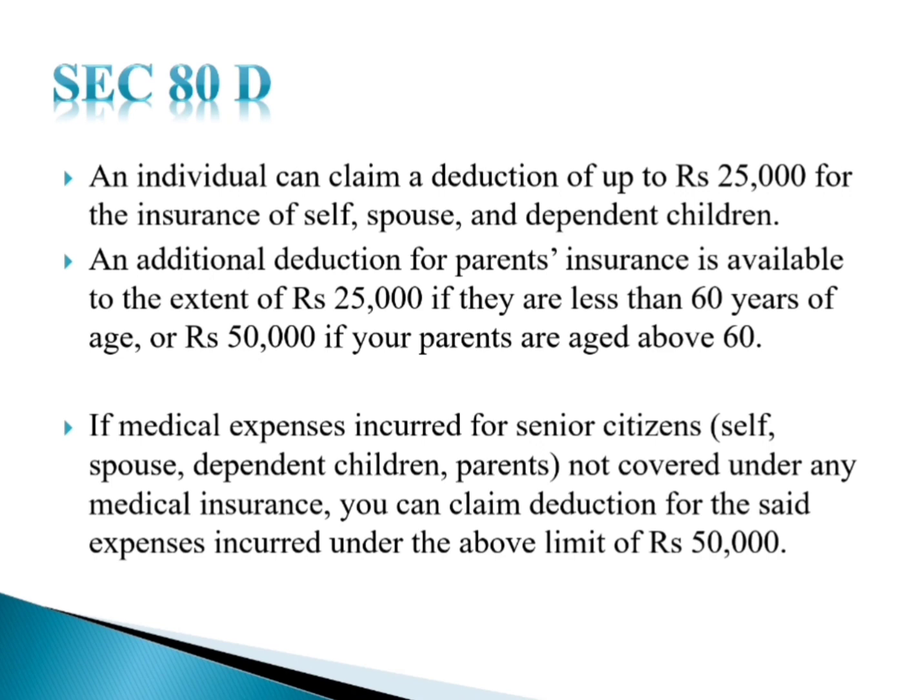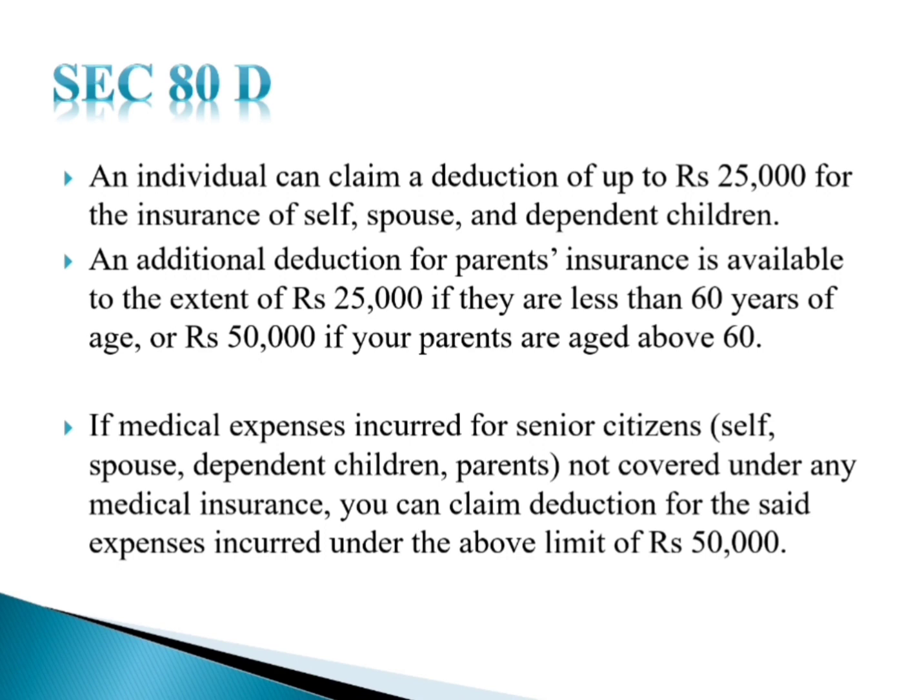Moving forward, in 80D we generally know that it's only for our health insurance. If we get into more details, health insurance is divided into citizens and senior citizens. For senior citizens, we have an additional 50,000.